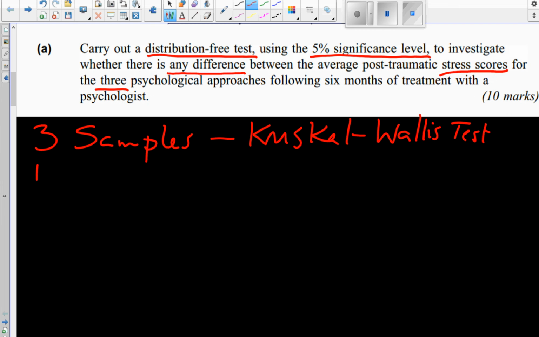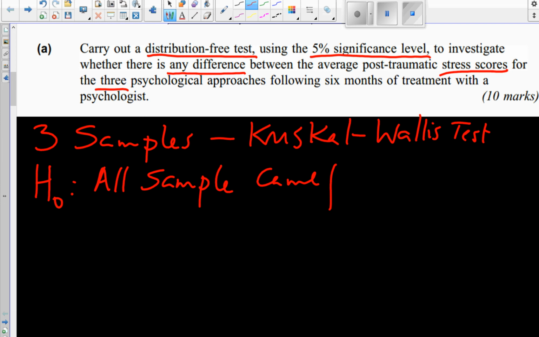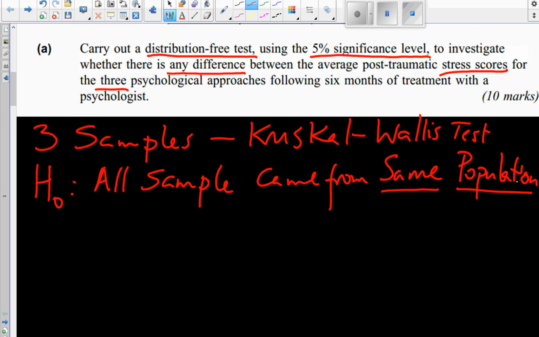Now, hypothesis, we always go to our hypothesis first, and we define our null hypothesis. In a Kruskal-Wallis test, our starting hypothesis is that all samples came from the same population. That means that we can rank them and compare them because they're from the same population.